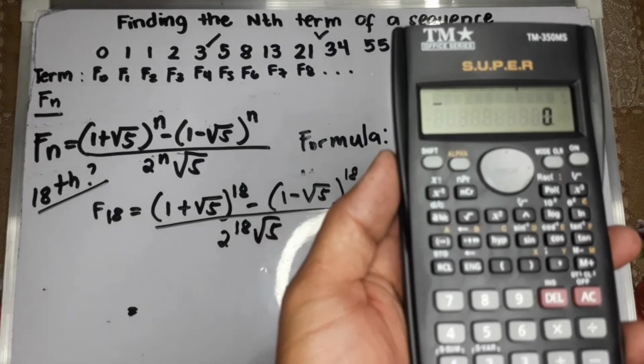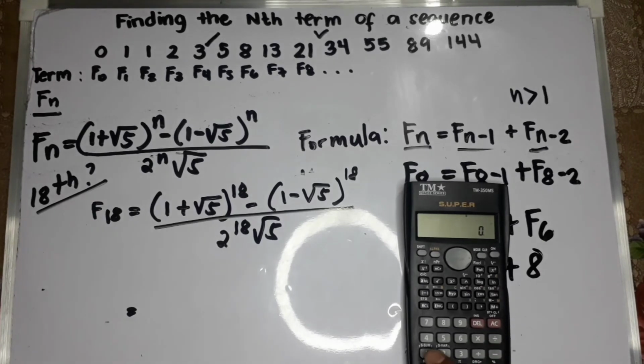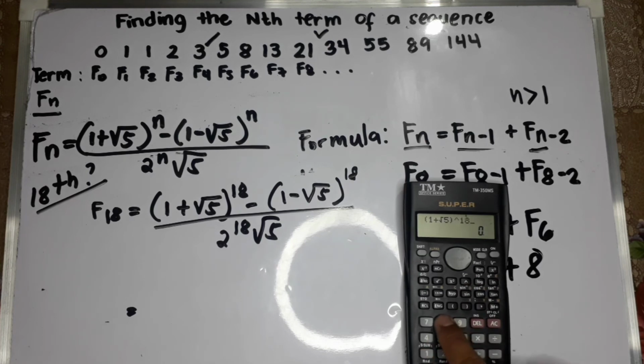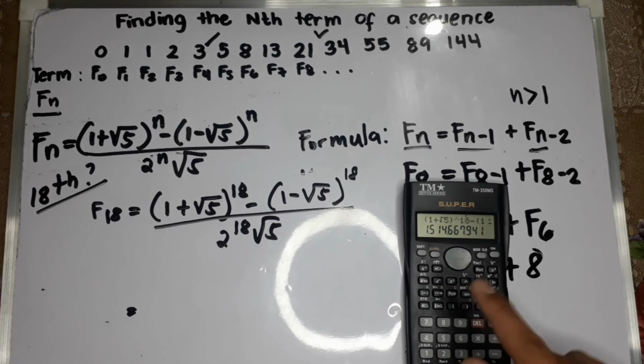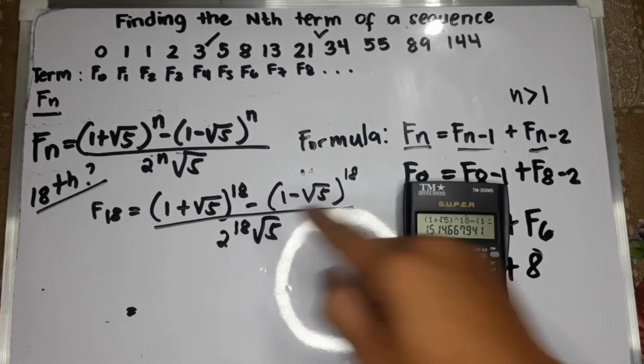So I have here the calculator. So we have (1 plus the square root of 5) raised to the power of 18 minus (1 minus the square root of 5) raised to the power of 18, and then we are going to get the answer. And then after that, we are going to divide the answer by 2 raised to the power of 18 times the square root of 5.